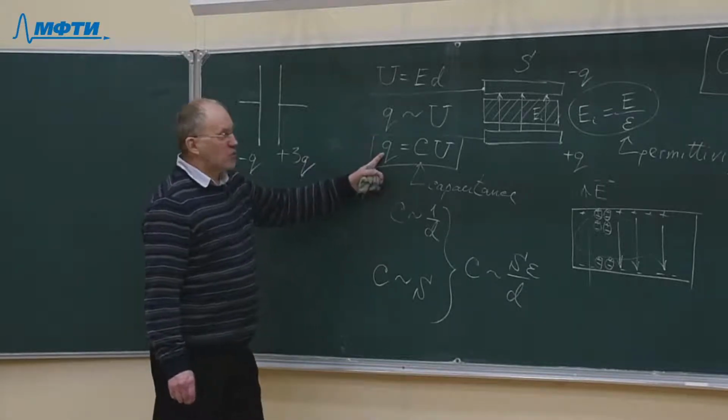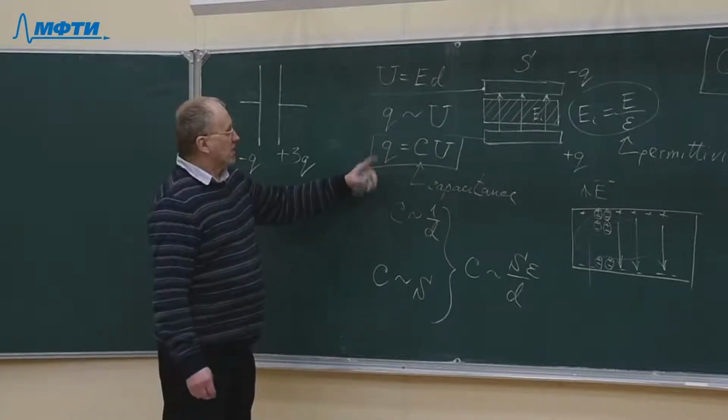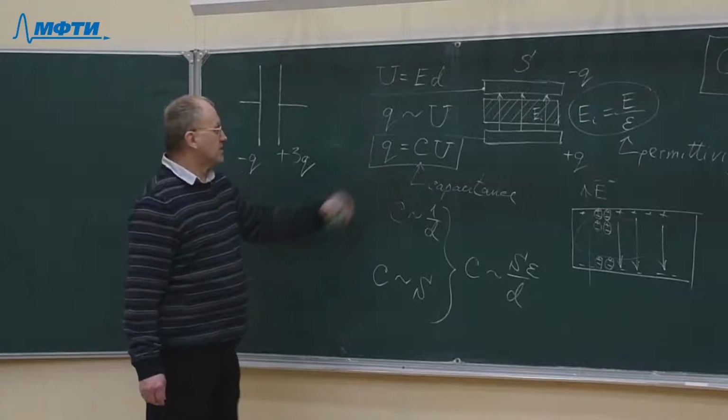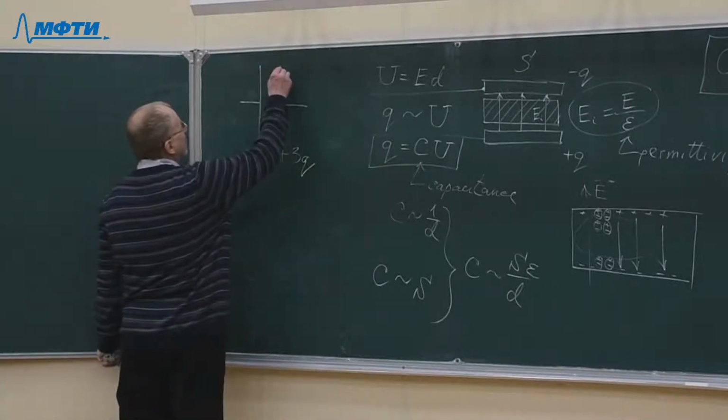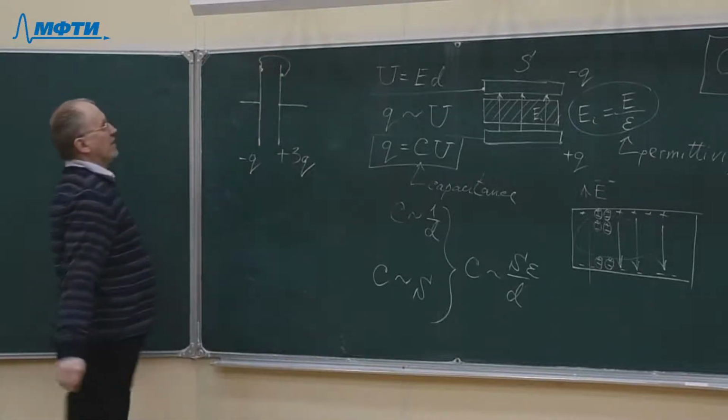We took it from one plate and brought it to another plate. That was the procedure. So by definition, the charge of a capacitor is the charge that will flow from one plate to another plate if we connect the plates by a conducting wire.